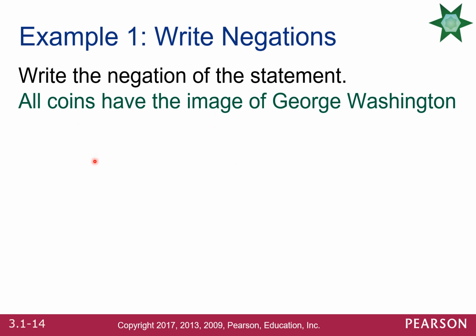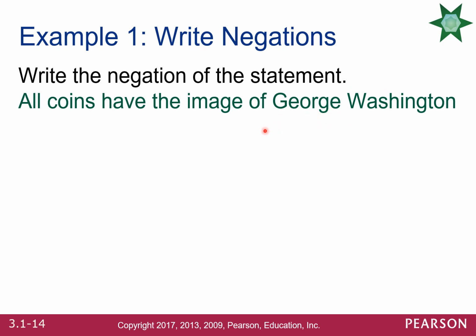This time we are given a statement which says all coins have the image of George Washington, which is a false statement because there are coins which have images of Abraham Lincoln. Not all coins have the image of George Washington. So we have to negate this and make it a true statement.